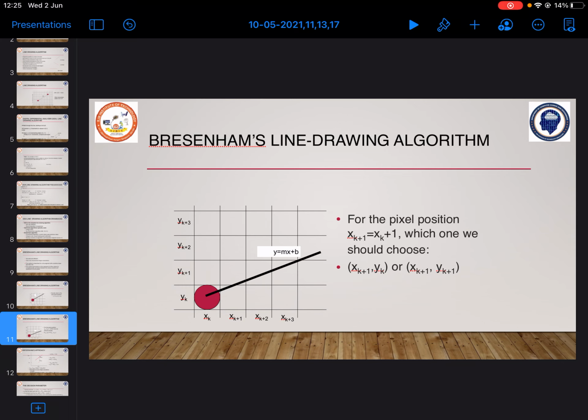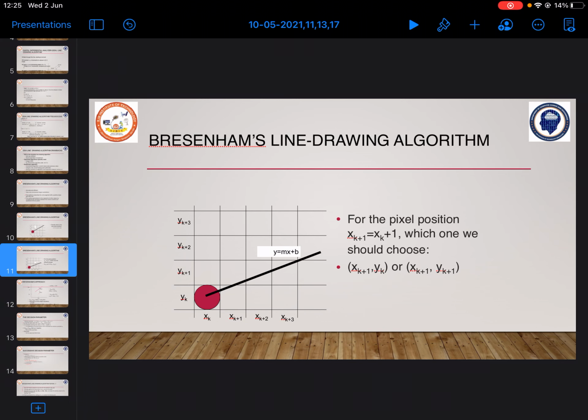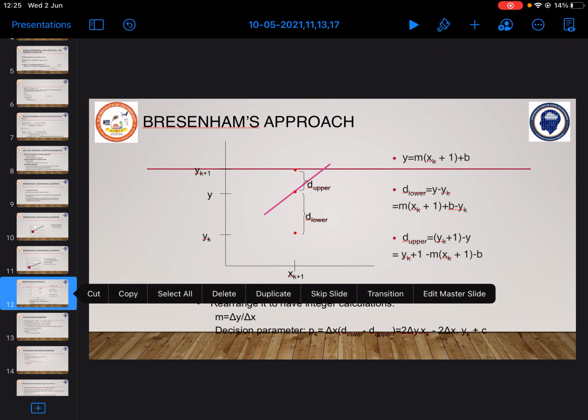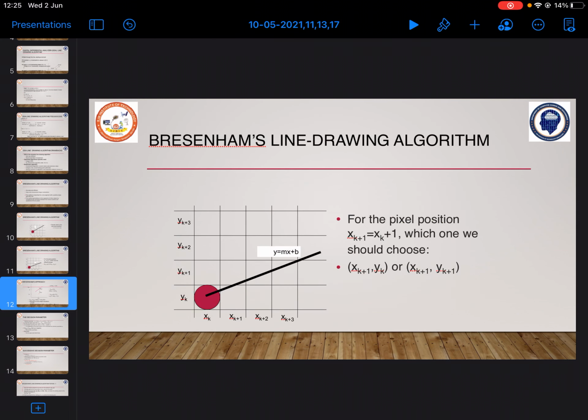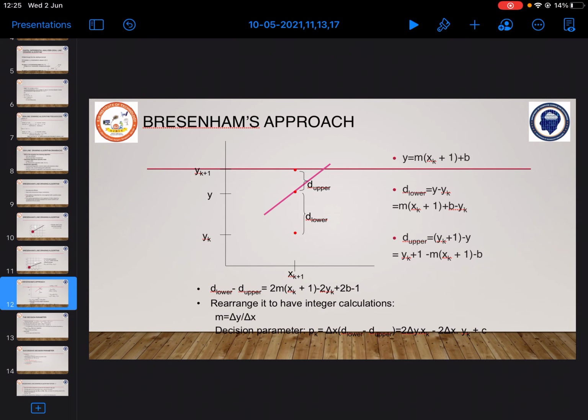So which one should we choose: xk plus 1, yk or xk plus 1, yk plus 1? When we apply xk in the line intercept form, we get y equals m of xk plus 1 plus b.